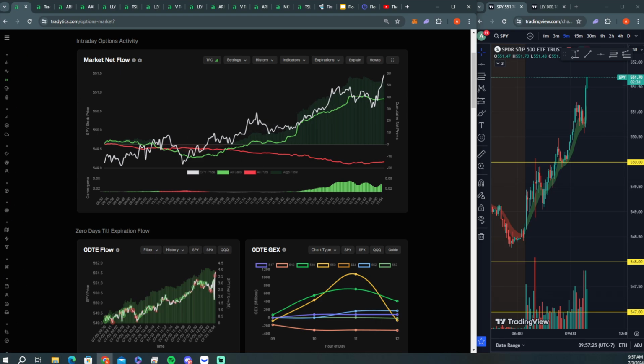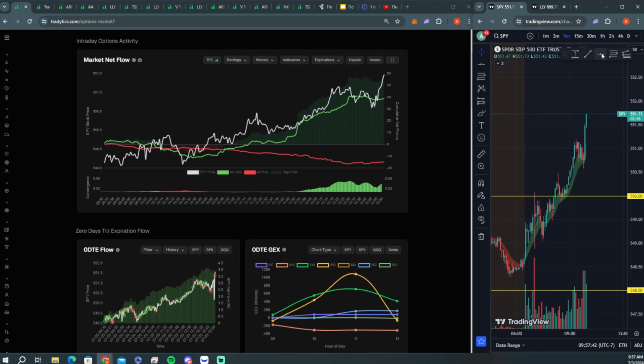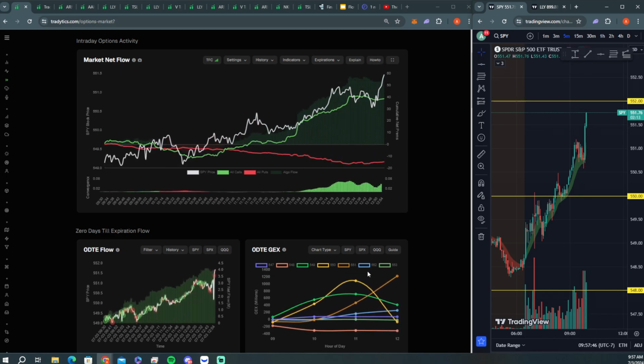So for the GEX levels, things can pull negative, things can pull positive, right? And depending on, what are we at, 551 right now? Almost 552, we're ripping. So let's say we're at 552, and all of a sudden 553 pulls very positive.